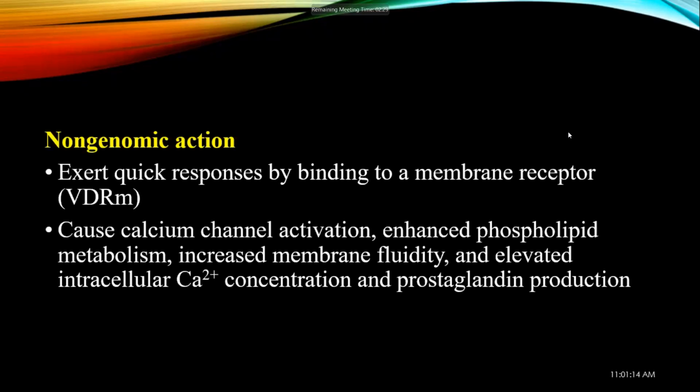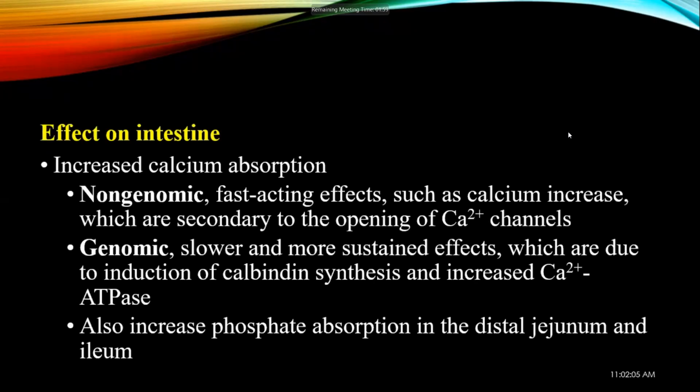After binding to these receptors, it causes the activation of different carrier proteins, like calcium channel activation, enhanced phospholipid metabolism, increased membrane fluidity, elevated intracellular calcium concentrations, and prostaglandin production. Now the effect on the intestine. The main function of vitamin D on the intestine is that it increases the absorption of dietary calcium and phosphate.